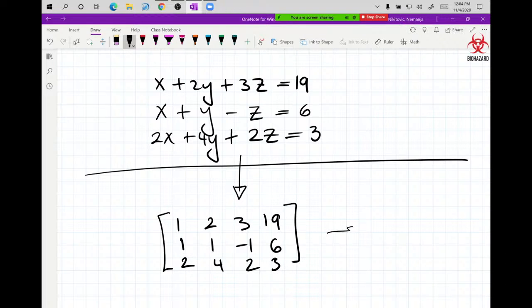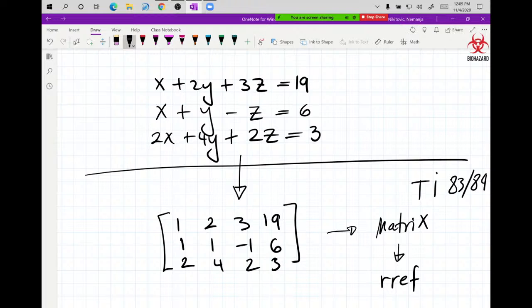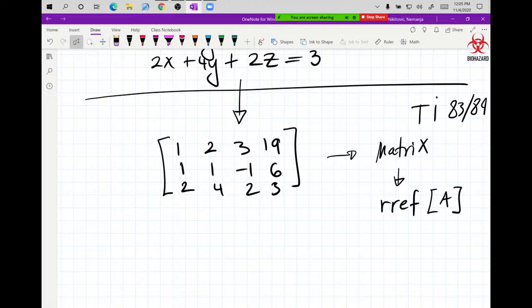You should be able to enter that into a matrix in your TI 83, 84, whatever. Then you use the row reduced echelon form function, which is under matrix, of matrix A. That immediately spits the solution out, unless the equations are dependent or something like that.